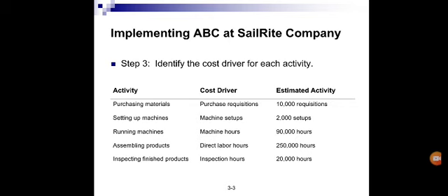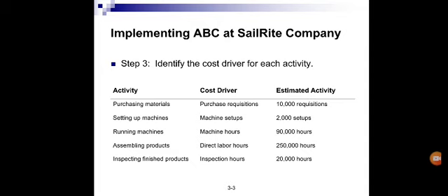So that's why the cost driver is the machine setups. Okay, see here, the assembling product. In this example, the cost driver is the direct labor hours. The more the assembling activity has to be done, the more labor hours. So the higher the labor hours, the higher the assembly cost. Okay, this is the step number 3.